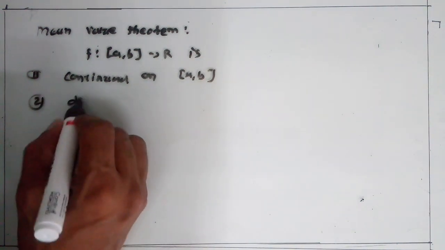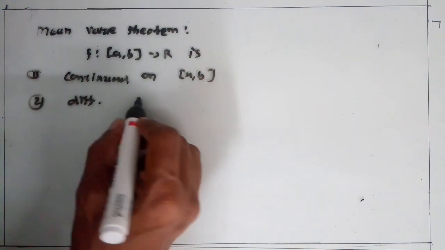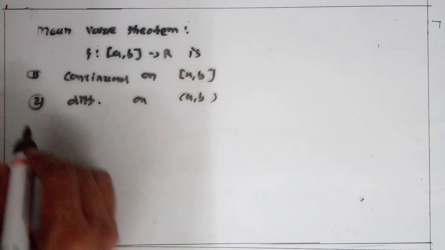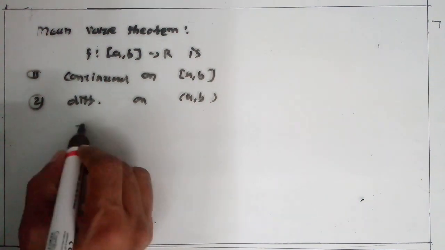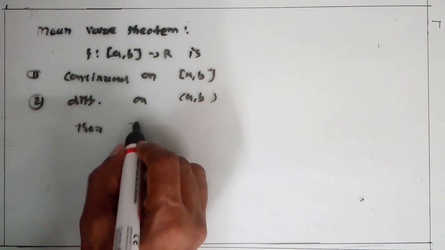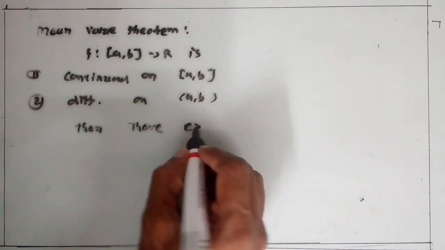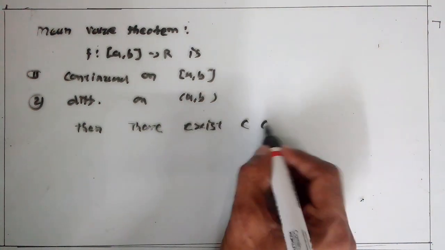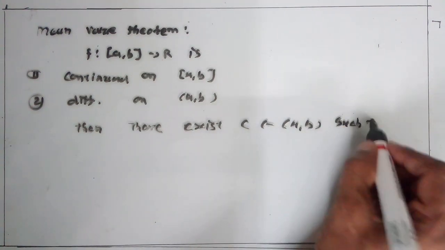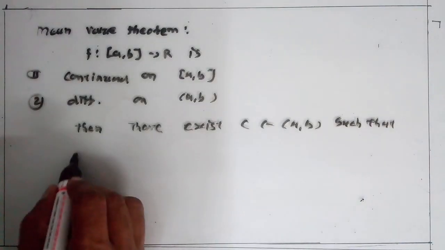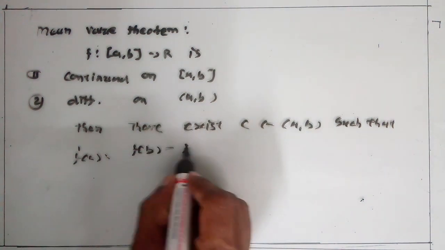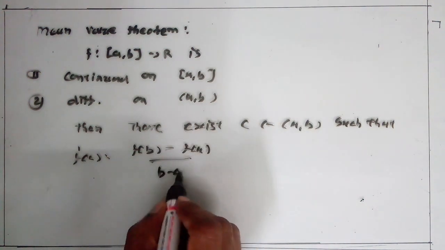Second condition, differentiable on the open interval (a, b). Then there exists c belonging to the open interval (a, b) such that f'(c) equals (f(b) minus f(a)) upon (b minus a).